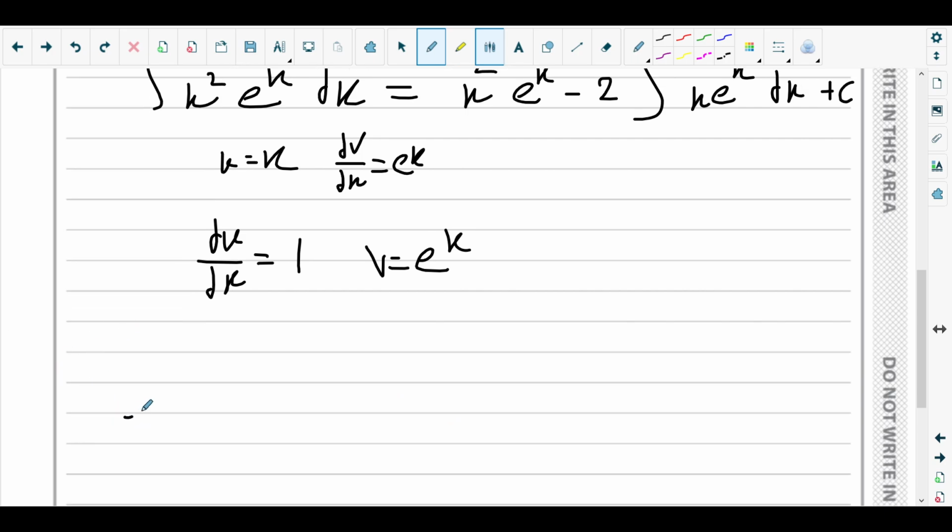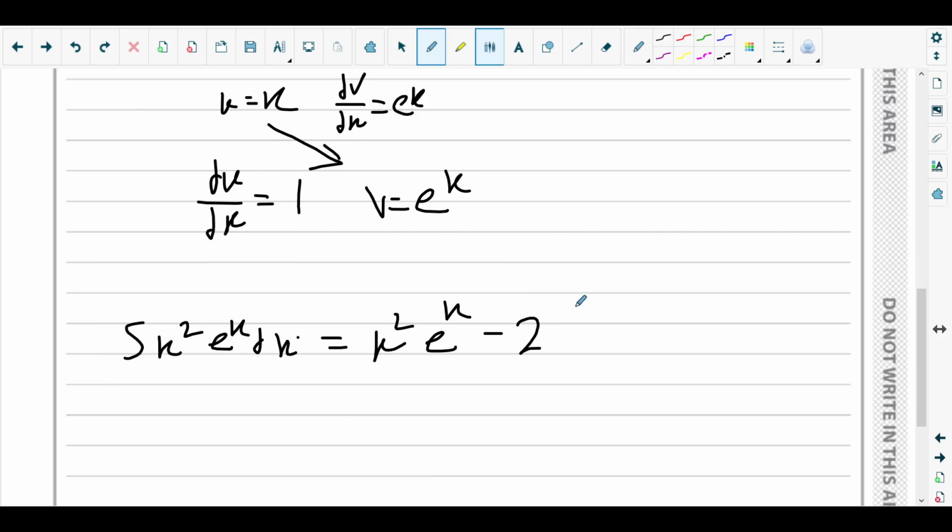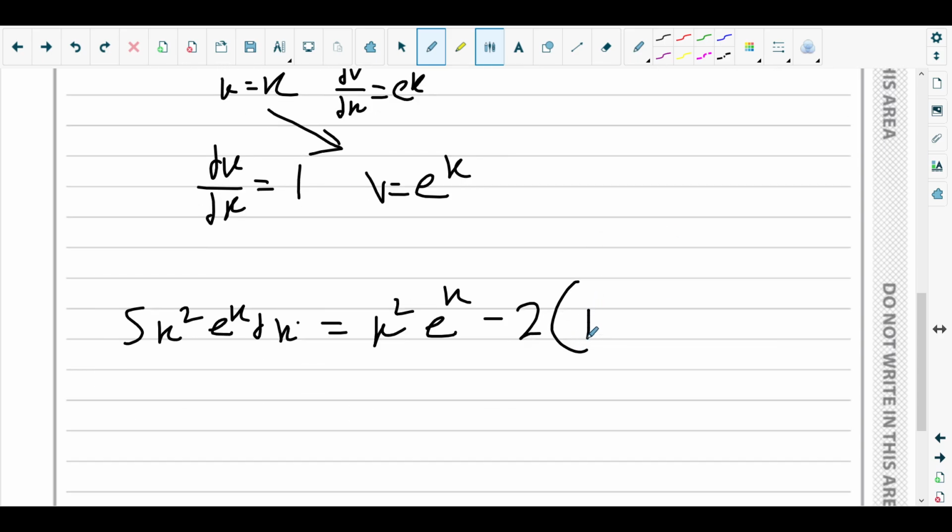So the integral of x squared e to the power x dx equals x squared e to the power x minus 2 times uv, so x e to the power x, minus the integral of v times du over dx. Now look, it is 1 times e to the power x, that is e to the power x dx, and then the arbitrary constant plus c.